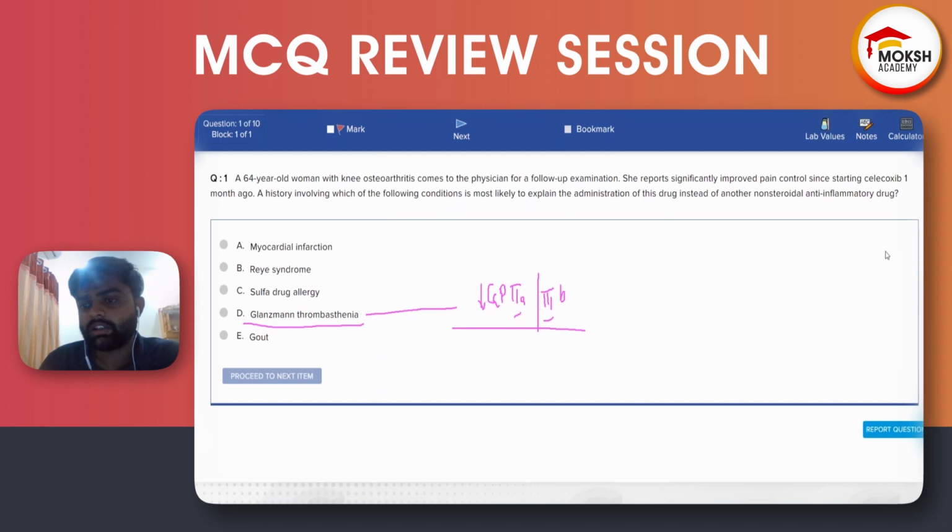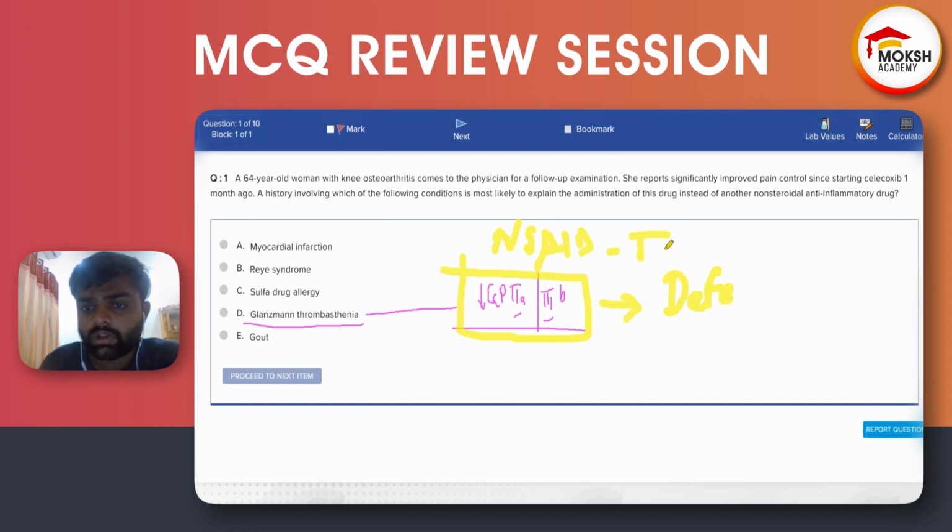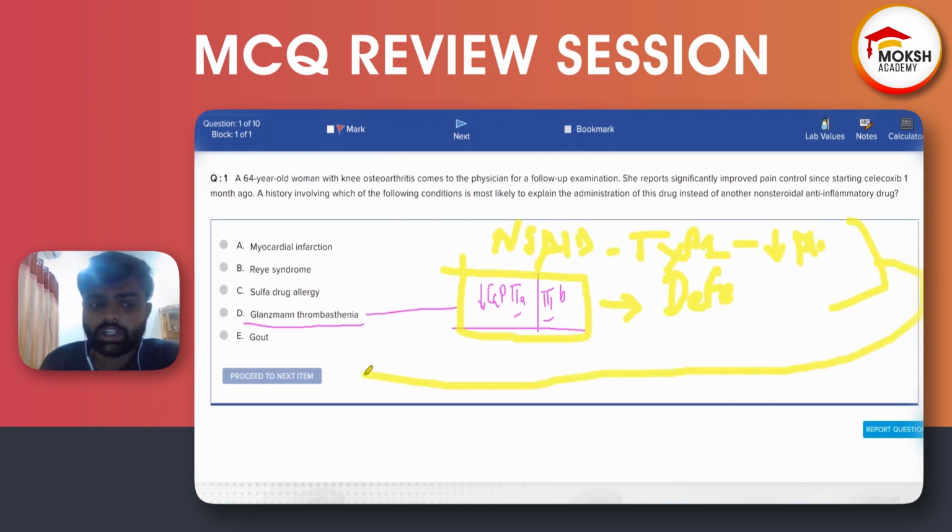So this means there is a defective platelet aggregation in this patient. So if we give any NSAIDs, remember NSAIDs also block thromboxane A2, so this can also decrease platelet aggregation. So this can precipitate the severity of the disease in Glanzmann thrombasthenia.